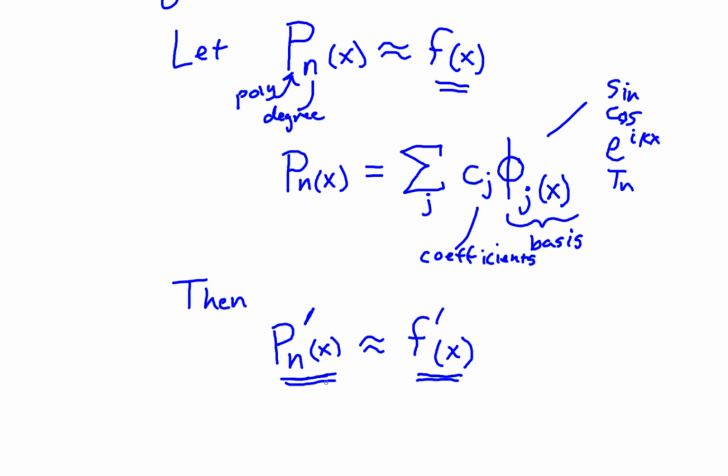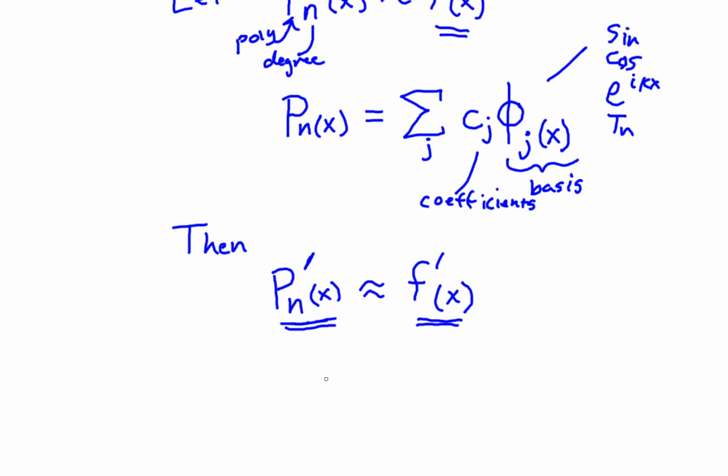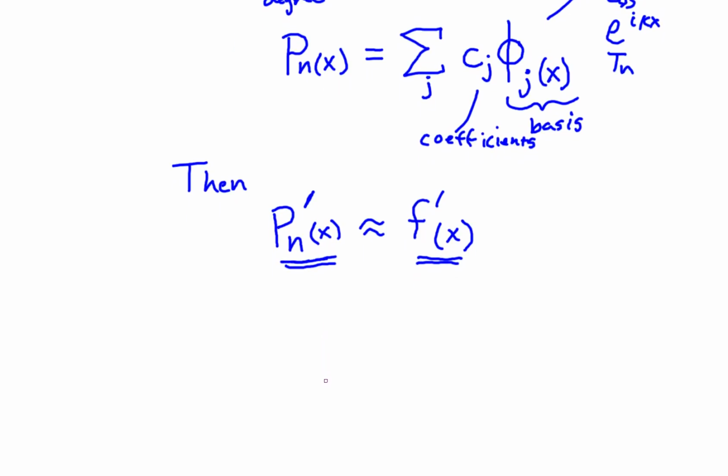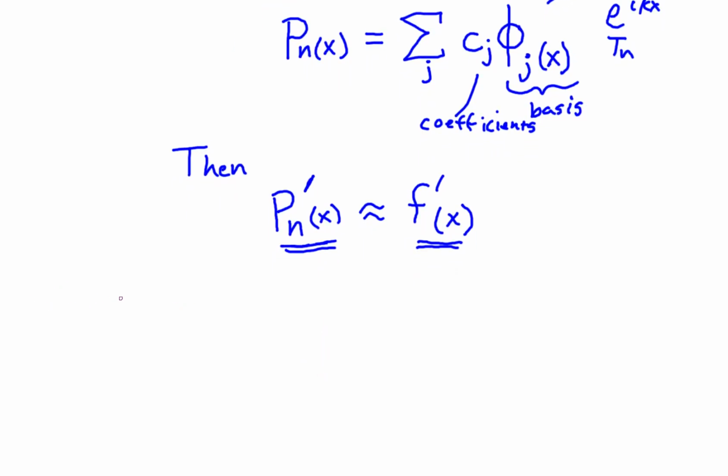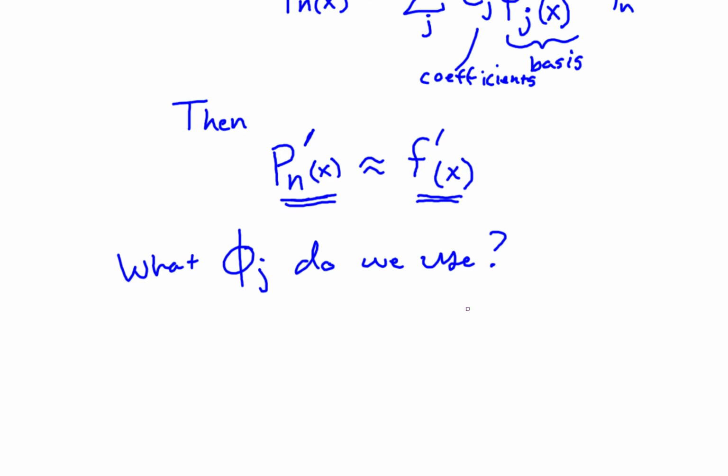Now, what polynomials do you use? Well, to make further progress, we need to know something about our problem. What polynomials do we use? What basis functions do we use? To answer this, we have to know something about the properties of our problem.